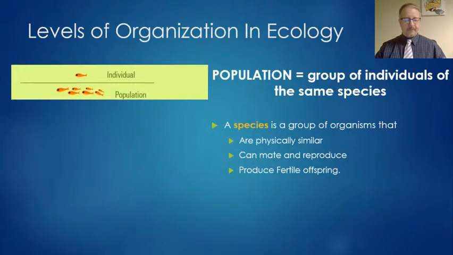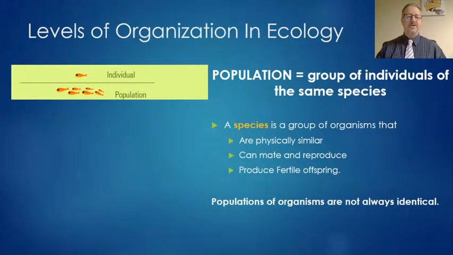Now, in this case, we're only looking at the goldfish. So a population is this group of organisms that are physically similar to one another. They can mate and they can reproduce, and they can also produce fertile offspring. That means they can produce offspring that can in turn grow up, become mature, and reproduce more fertile offspring as well, which continues the species on through time.